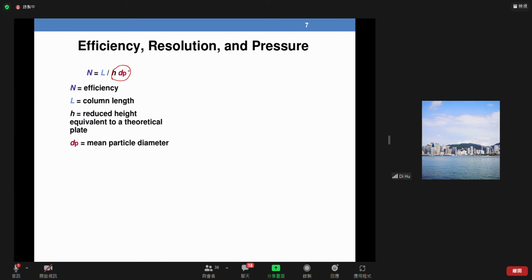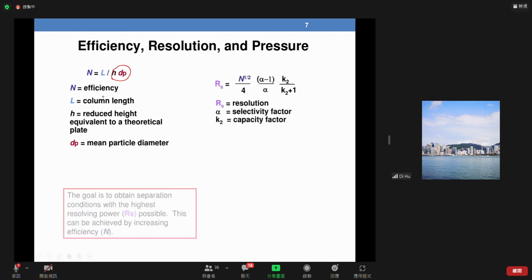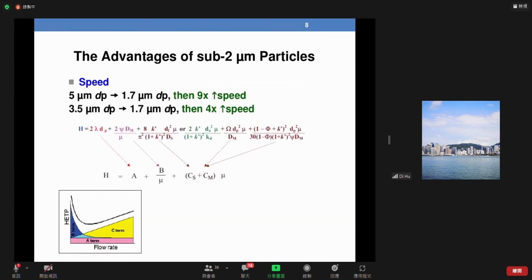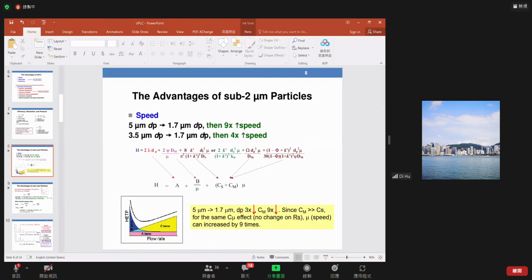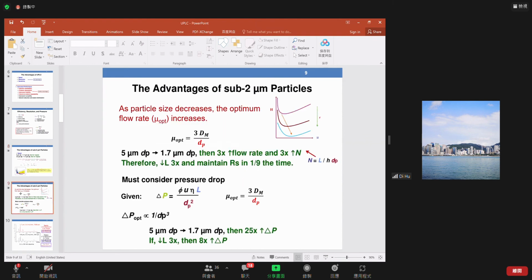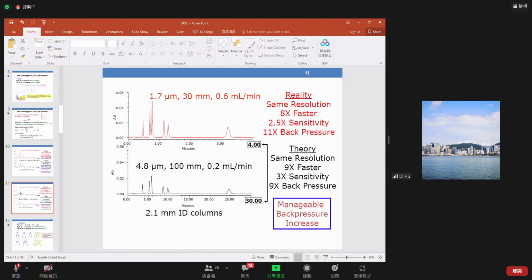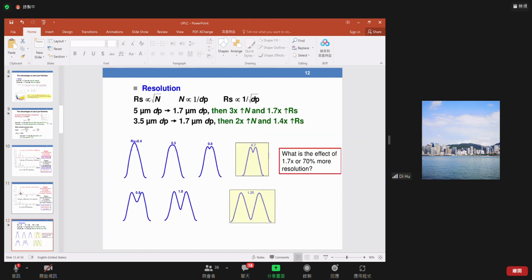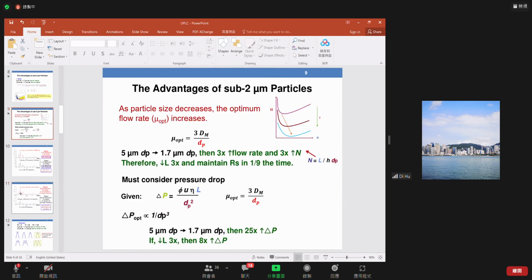Okay, and I also have another question. A student also asked about a comparison we did. We talked about all these things if we change the particle diameter of the packing material.